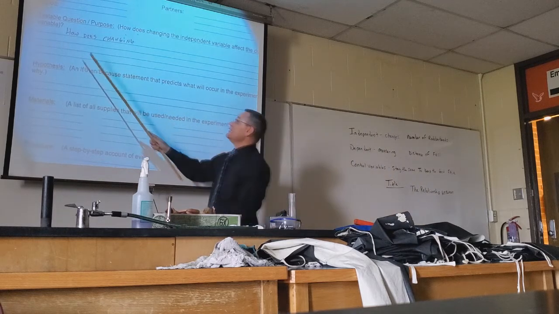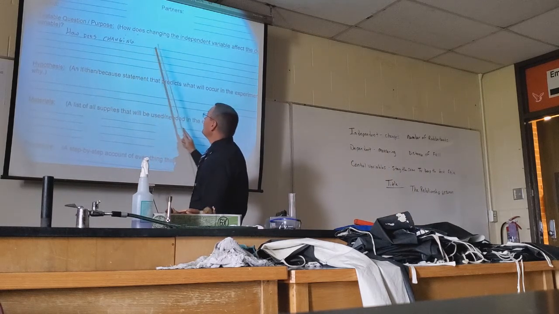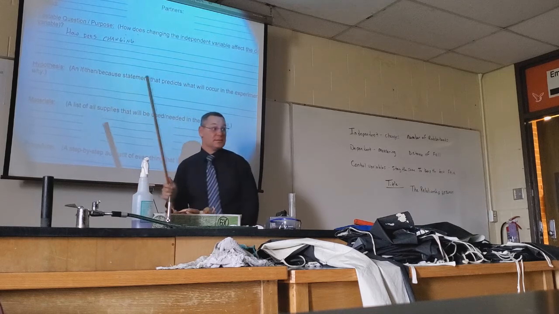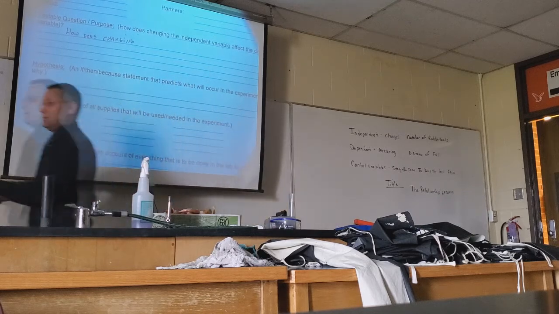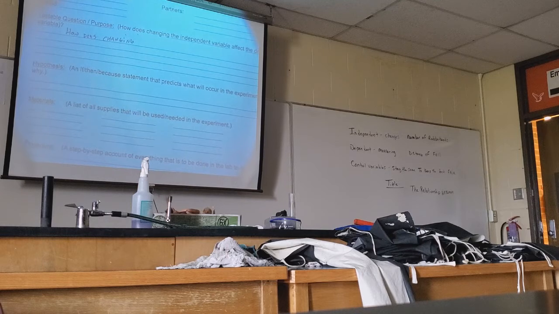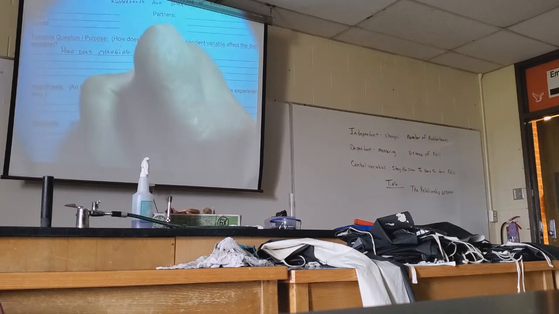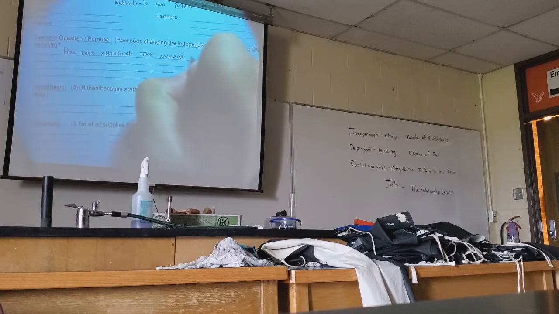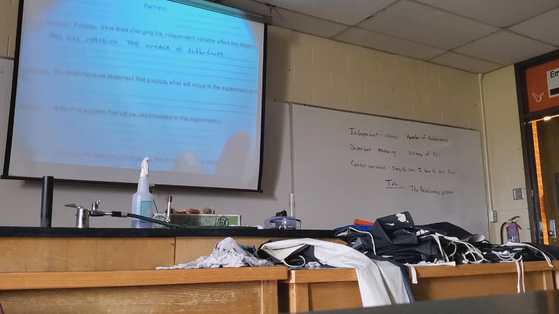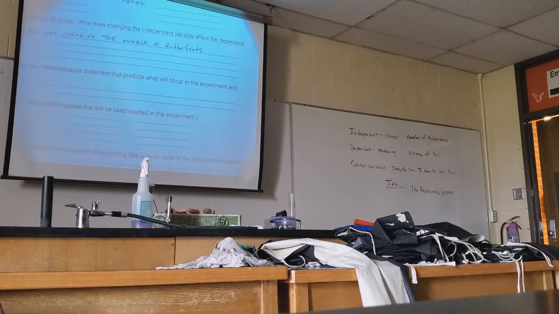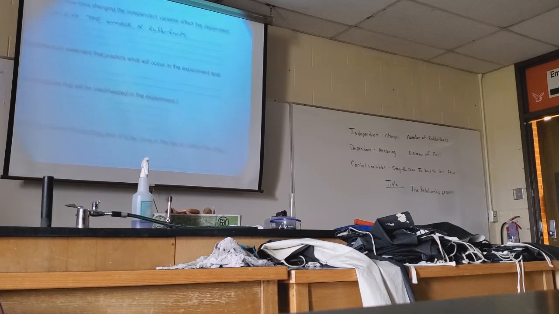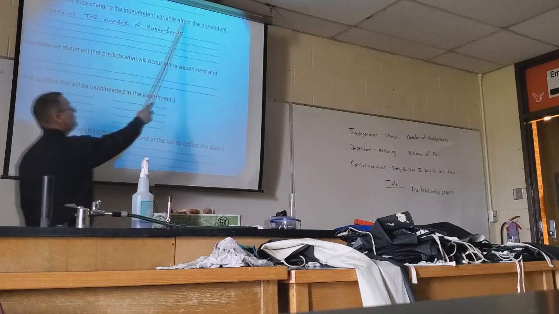So you're going to write down, how does changing the number of rubber bands, and then the next word you're going to include is this word affect. It starts with an A, affect.